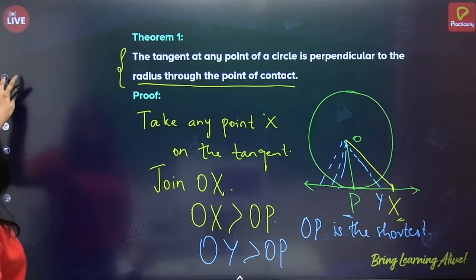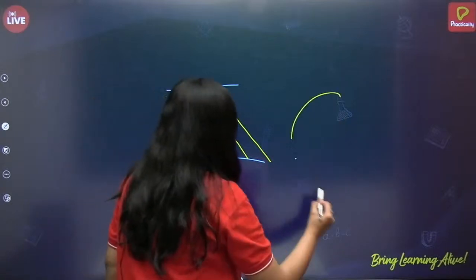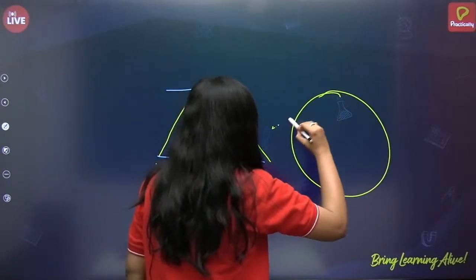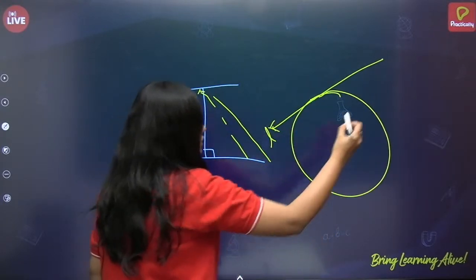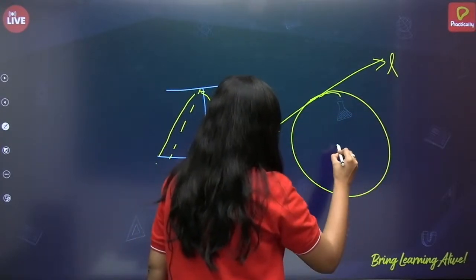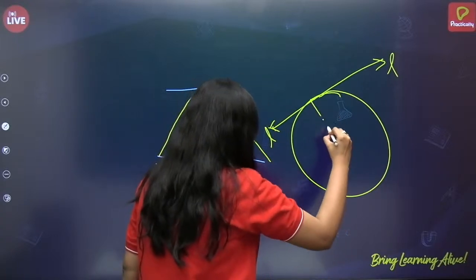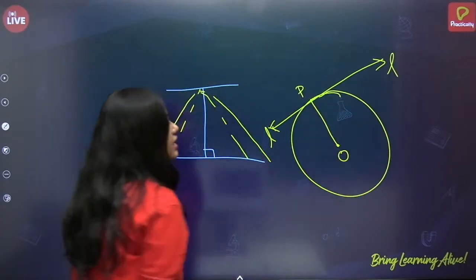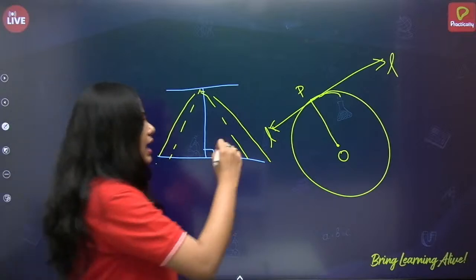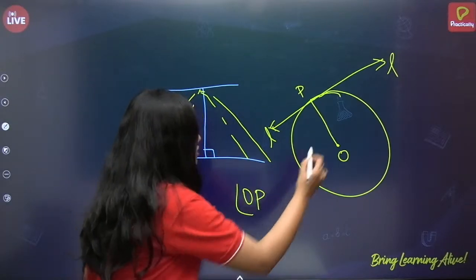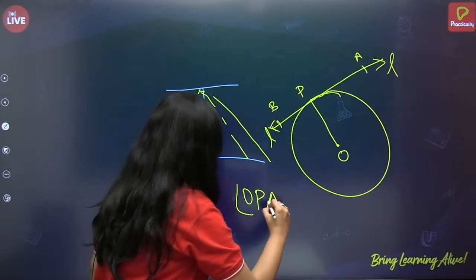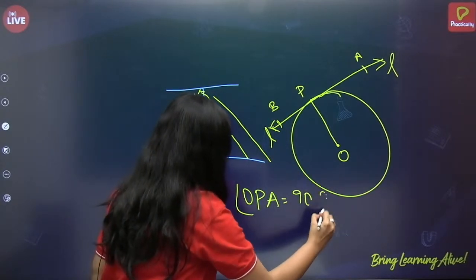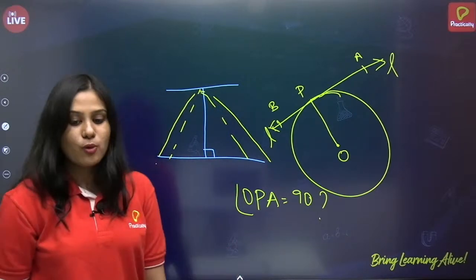Okay. Let me give you another example. Suppose I draw a circle like this, and I draw a tangent, let me take this tangent as L. The circle's center is O. Now, if I draw this OP, let me take the points on the tangent as A and B. Can I tell that angle OPA is 90 degrees?